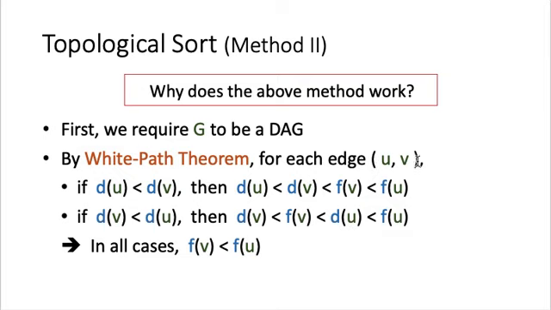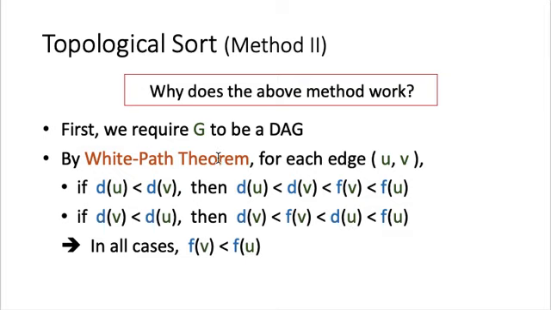We now check for each directed edge UV, whether by applying a DFS on this graph, we are always pointing from a node with larger finishing time to a smaller finishing time. So we want to show that for each edge UV, f of v is always smaller than f of u. In that case, u will have a larger finishing time, and v will have a smaller finishing time.